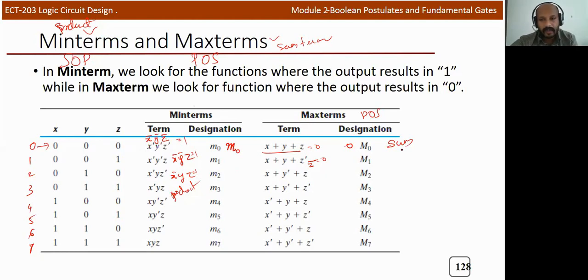On the other hand, the max term is normally represented by a capital letter with suffix 0. So min term m7 and max term M7: min term m7 means x y z, and max term M7 means x bar y bar z bar. Okay, thank you.